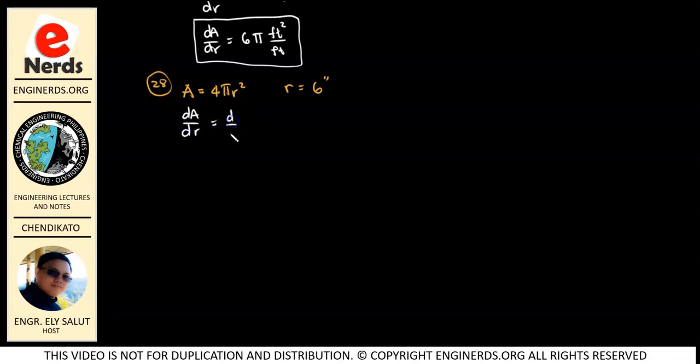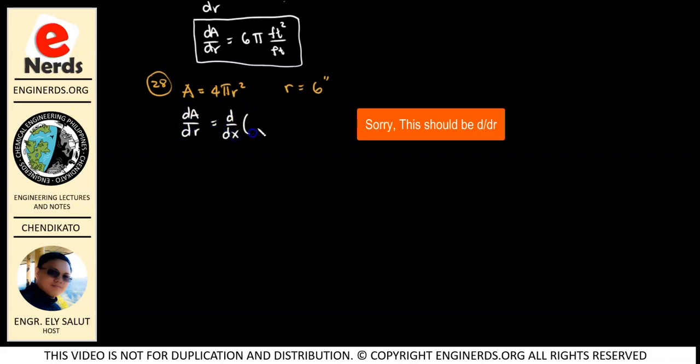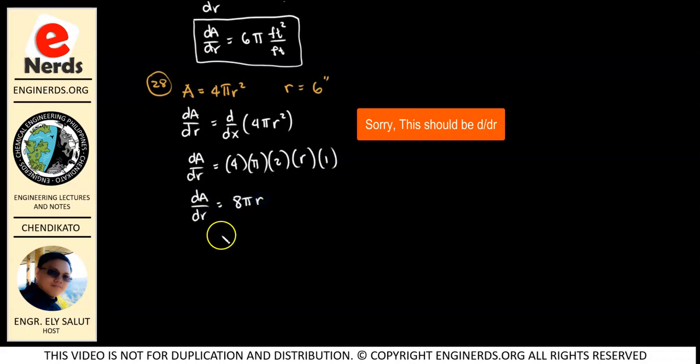Okay, so this is d over dr of 4 pi r squared. So, dA over dr is equal to 4 times pi times 2 times r times 1. So, dA over dr is equal to 8 pi r. Diba?